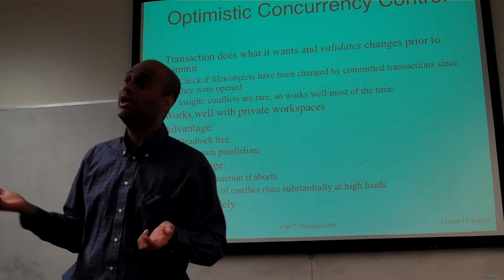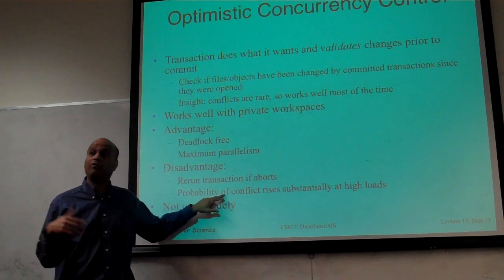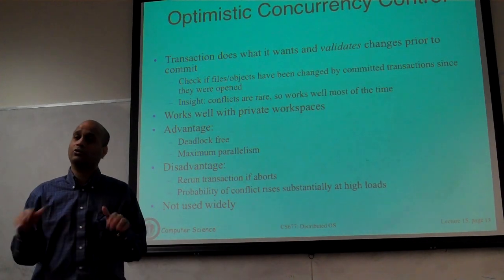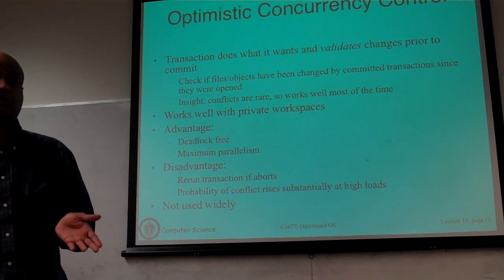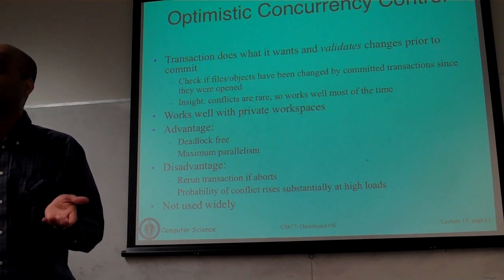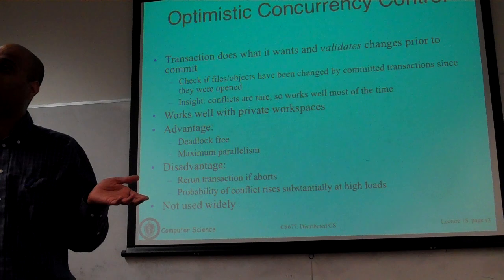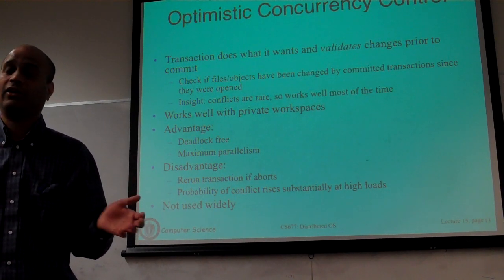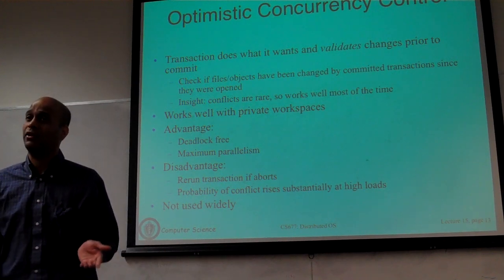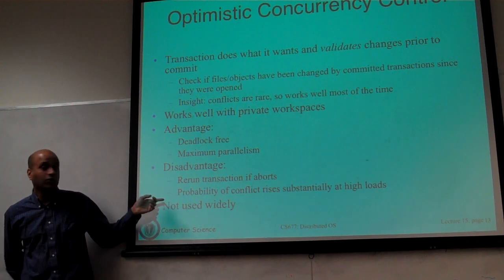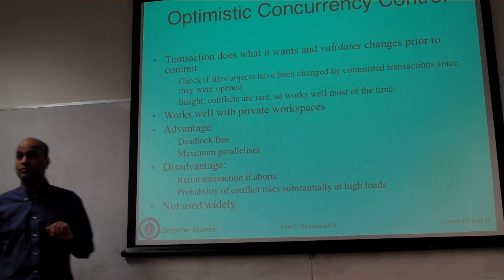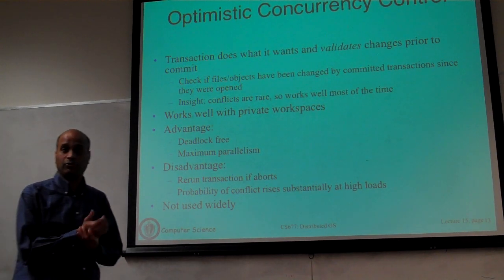So at high loads, you may do a lot of wasted work, because you will see some conflicts, you will abort them, and you have to rerun the transaction. So your system may be heavily loaded, but a lot of the transactions are just aborting and being rerun over and over again. So at high load, you will basically do a lot of wasted work. That's a disadvantage of the approach.